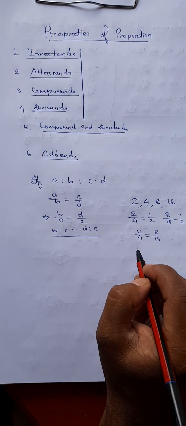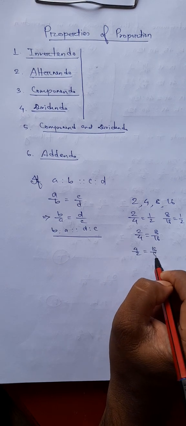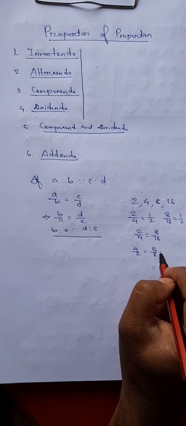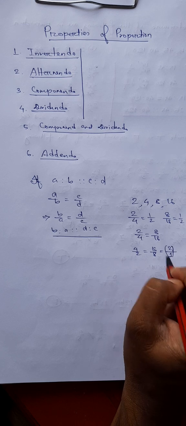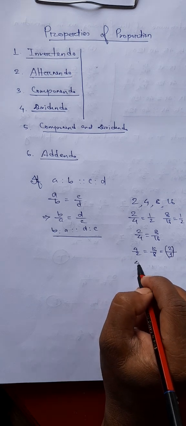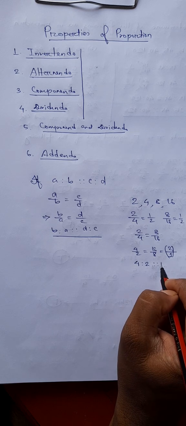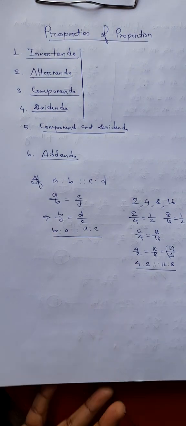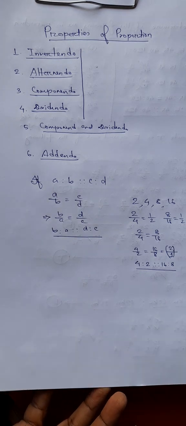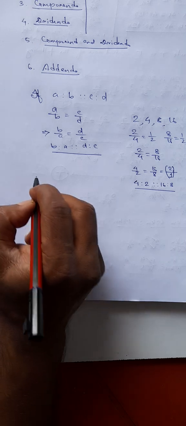Now if you invert this ratio, 4 by 2 equal to 16 by 8, each of this fraction becomes 2 by 1, right? So we write it as 4 is to 2 proportional to 16 is to 8, right? This is called invertendo. Next is alternendo.